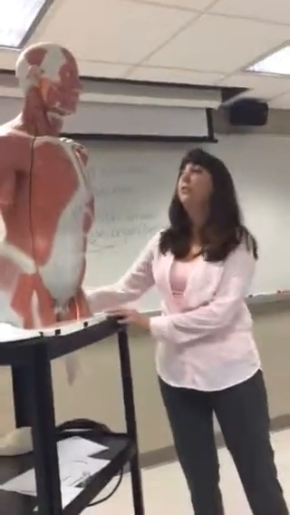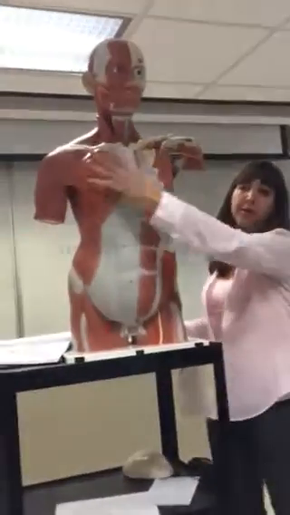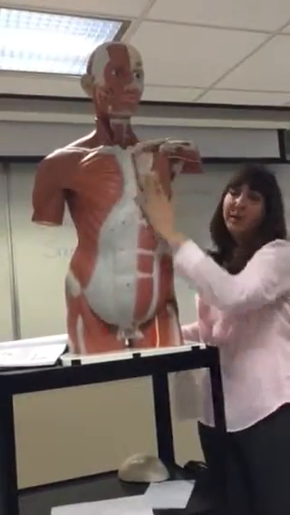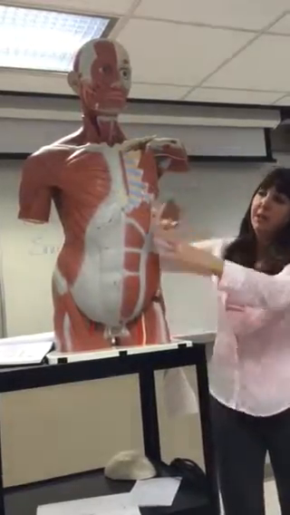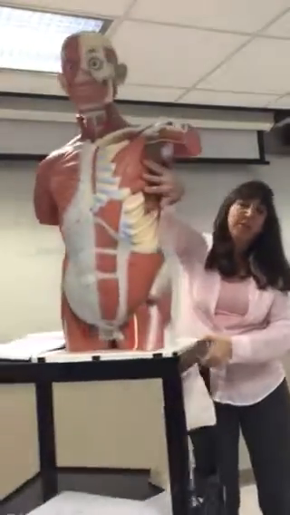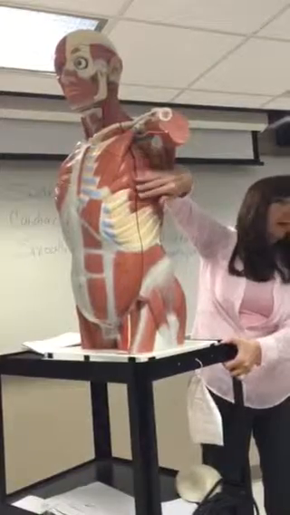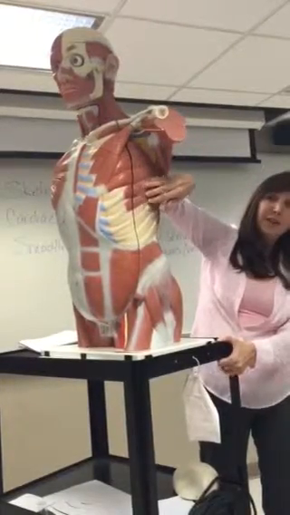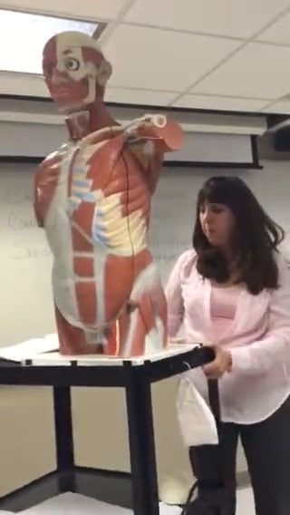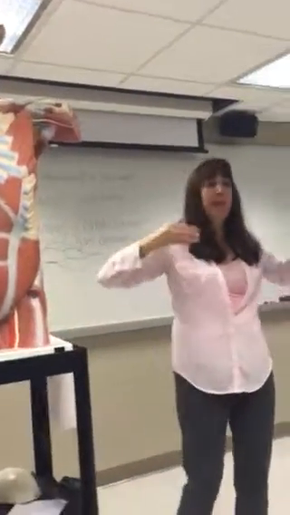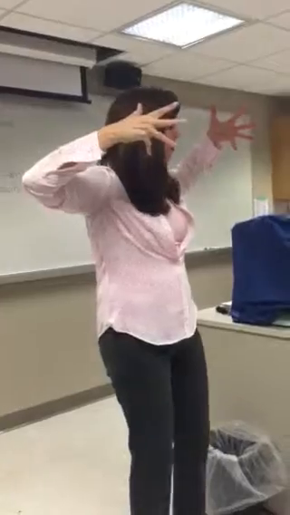Then we have the chest. Most superficial, pec major. We take 1 layer off, pec minor. Underneath that, serratus anterior. And then inferior to that is the intercostals. And on expiration, the external intercostals open up.